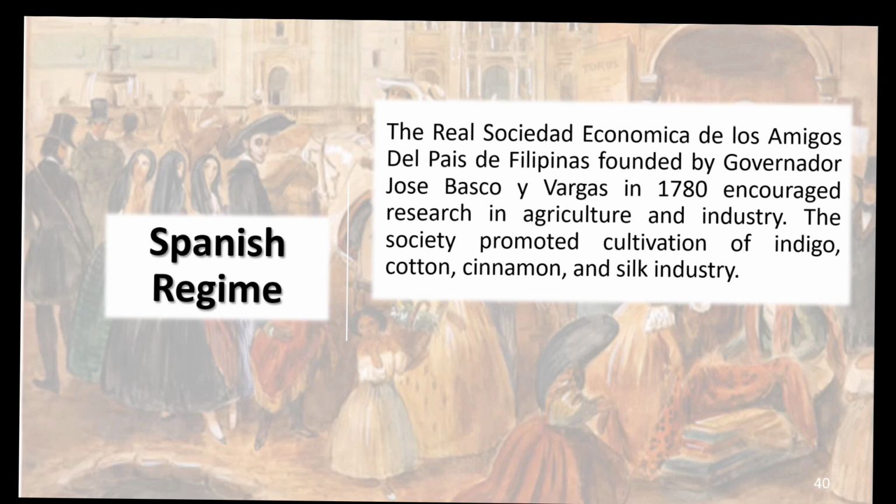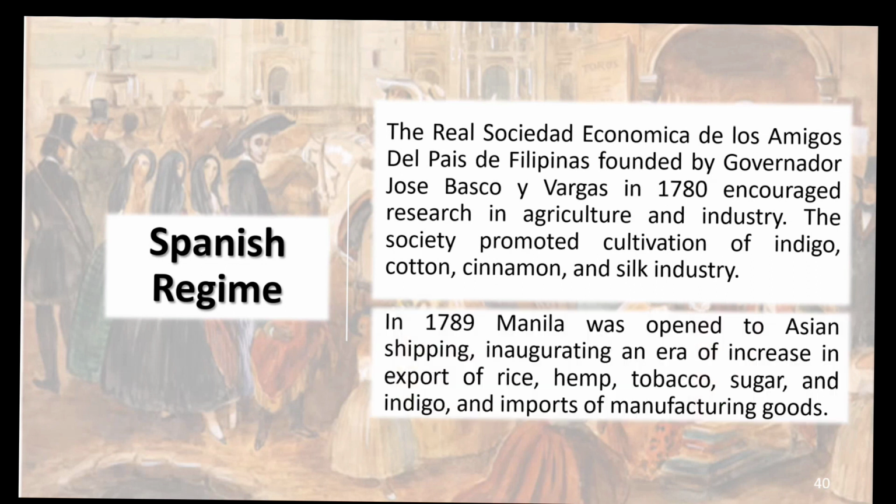It encouraged research in agriculture and industry, and promoted the cultivation of indigo, cotton, cinnamon, and silk. Then in 1789, Manila was open to Asian shipping, inaugurating an era of increase in export of rice, hemp, tobacco, sugar, and indigo, and then imports of manufacturing goods.